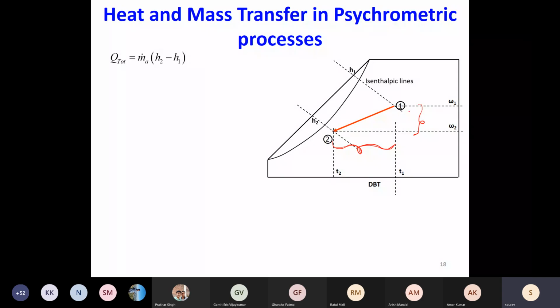If you have only change in omega without any change in temperature, then that process is called the latent process. But you will see all the processes will be accompanied by both of these phenomena. There will be change in omega as well as change in temperature.